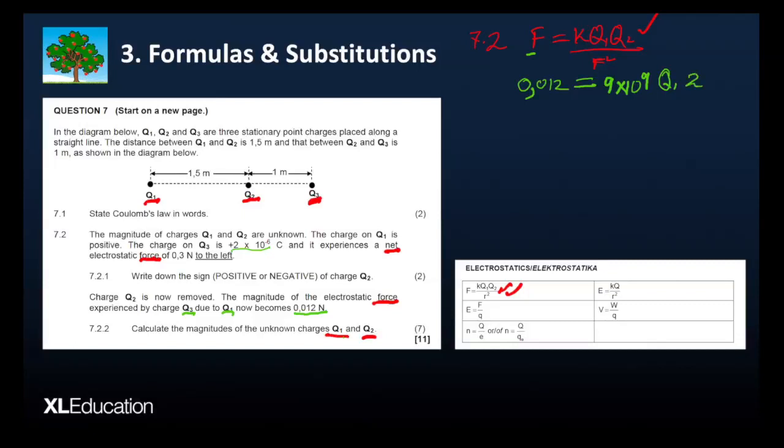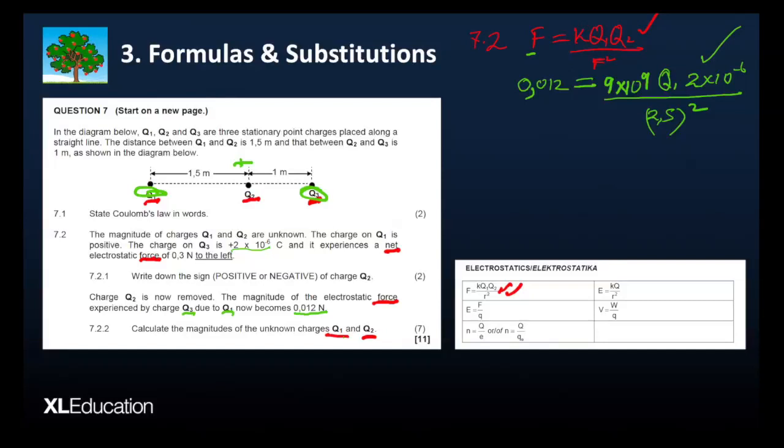So since we deal with magnitudes here, we just write it as 2 times 10 to the power minus 6. Then everything over our distance between Q1 and Q3, which is 1.5 plus this one. That gives us 2.5. Then you have to square it. Once you've done this, this is your formula, and you've done your substitution, then you get your answer, right?